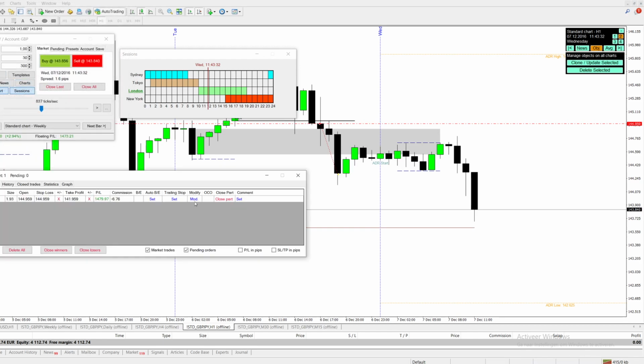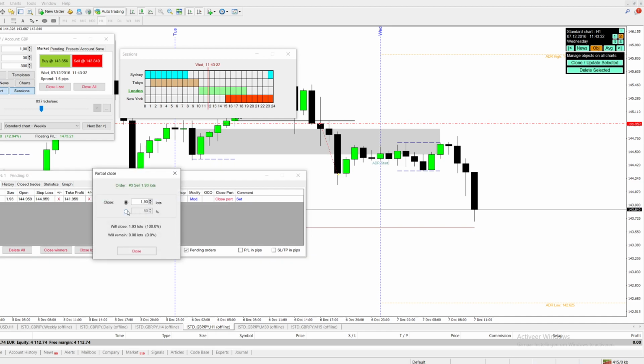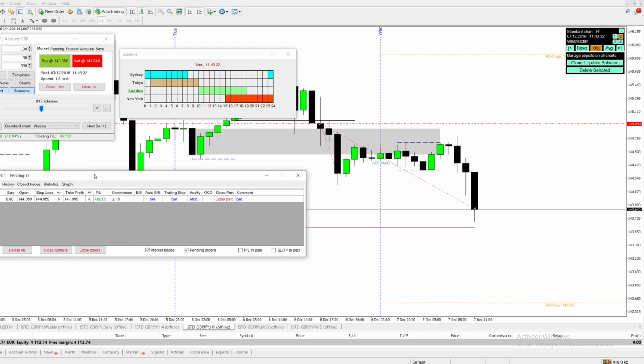So we have almost 2% floating extra. So let's close like 1 point. All right, so we've secured pretty much 2.5% right now. That's very good in my opinion.